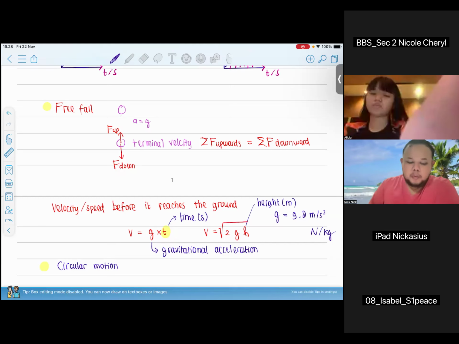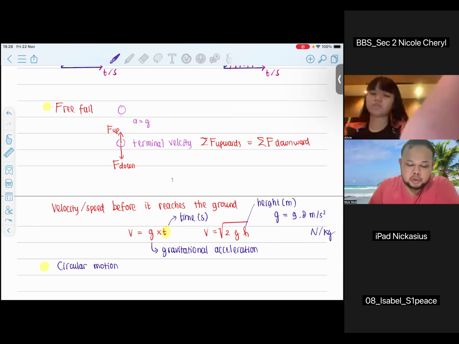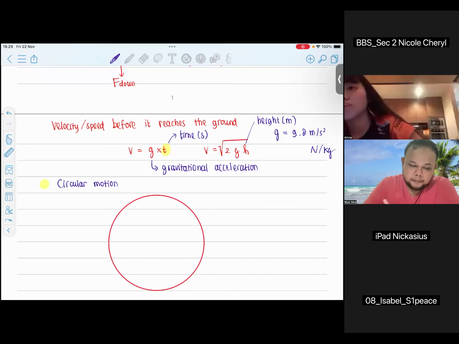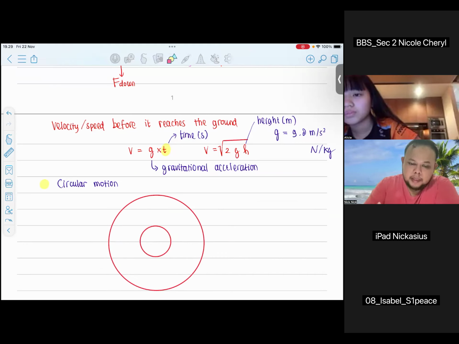Now we move on to the circular motion. Let me draw the circle first. For example, I have a planet here, and then we have the moon.